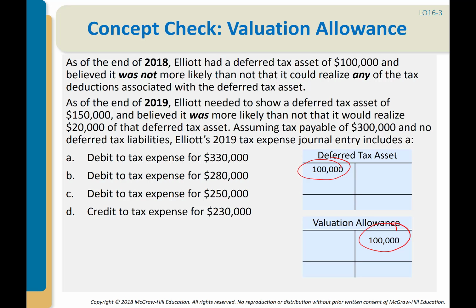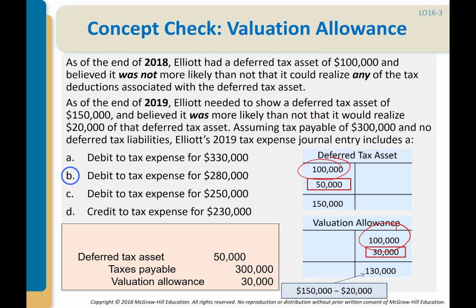And so if that's the case, assuming taxes payable of 300,000 and no deferred tax liability, our tax expense journal entry would include what? Well, the first thing we need to do is figure out how much we need in the valuation allowance. Okay, I will show you how to calculate this.